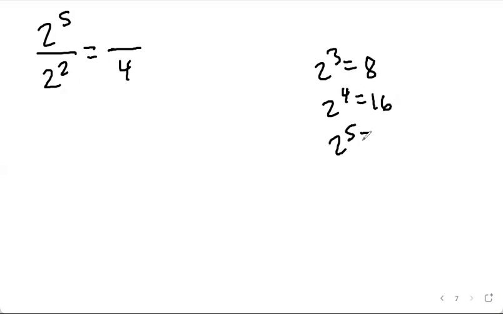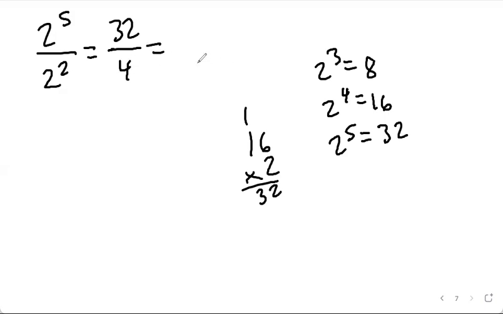And then 2 to the 5th is 16 times 2. I think that's 32. Let me just see. Yeah, it's 32. Okay. So this is 32. And then 32 divided by 4 is 8. Okay, so there's the answer, 8. I had to do a little bit of work, but I got the answer.